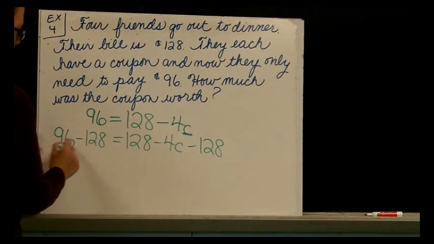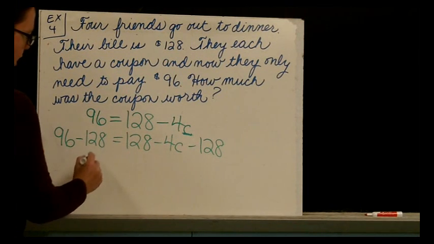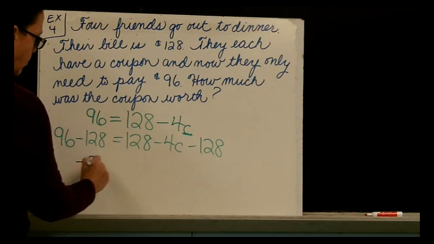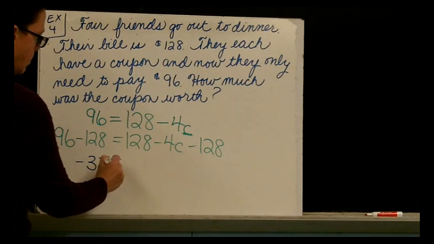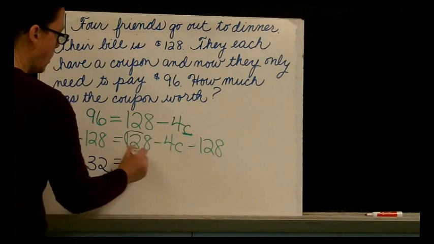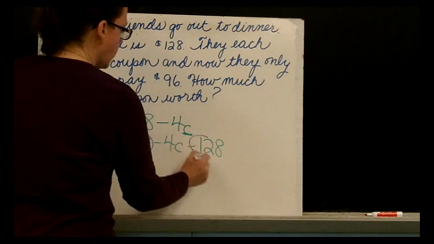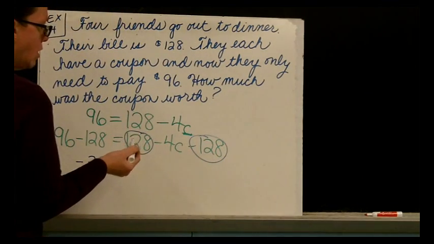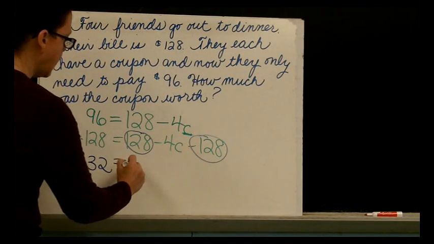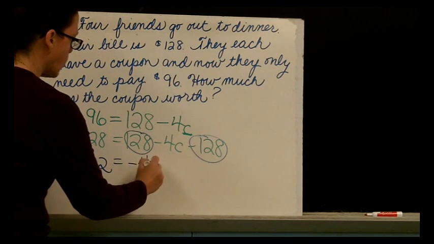A positive 96 and a negative 128 make a negative 32. Over here, our positive 128 and our negative 128 make a sum of 0, and that leaves us just with negative 4c.